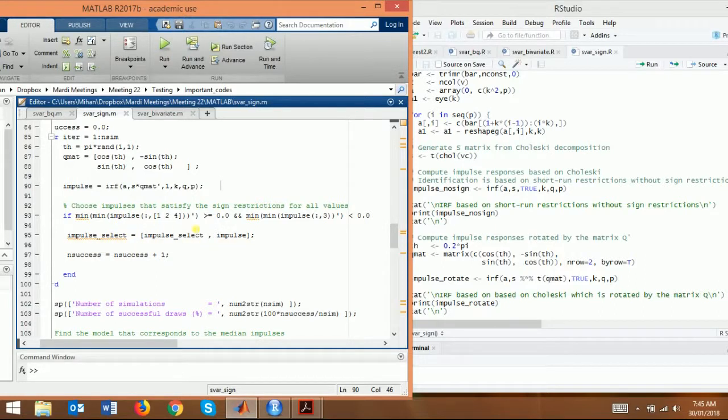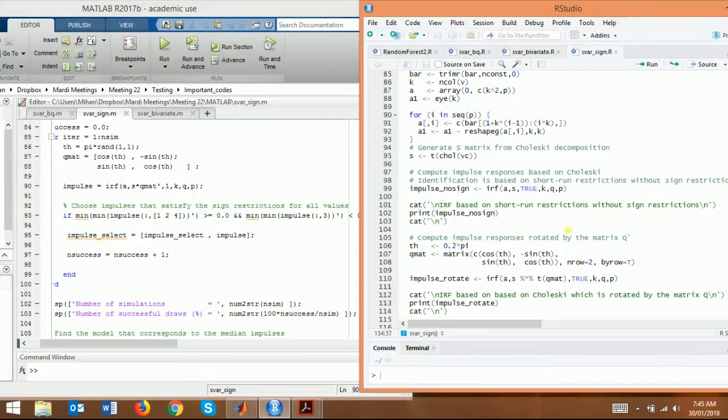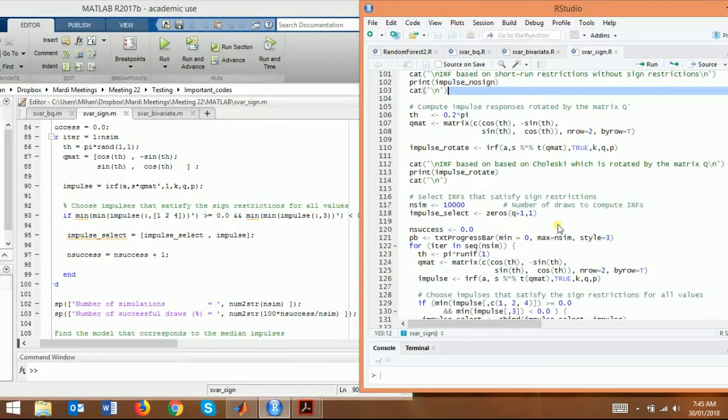Then if our impulses are greater than 0 and the 1, 2 and 4th of impulses, minimum of these impulses are greater than 0, or 3 is less than 0, the minimum is less than 0, this is OR, right? What is the function?